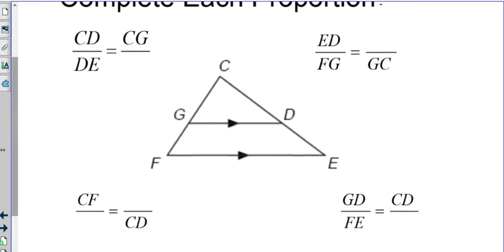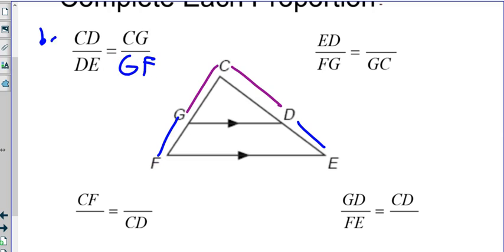So CD, right here, is proportional to DE. So big to small. The same way that CG is going to be proportional to what? GF. So, if you want to do, like we talked about before, stuff like this, that helps some people. All right.